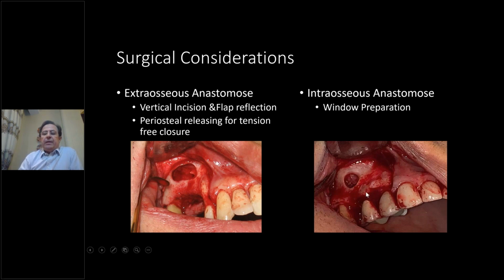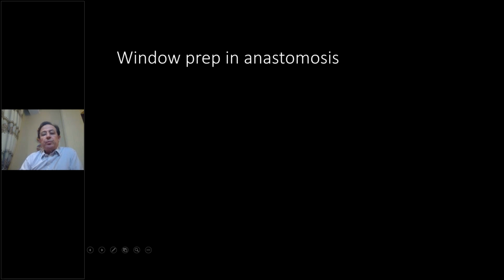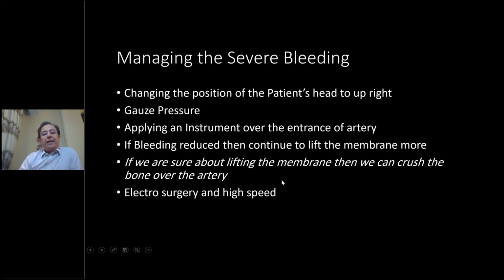So if it happens, what can we do? The first is changing the position of the patient's head to upright, because when the patient is supine, the blood goes more and the bleeding continues. So first is changing the patient's head, and gauze pressure, but gauze pressure is not enough because the bleeding is from inside the bone.